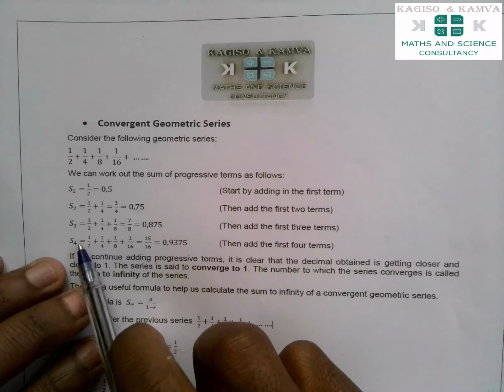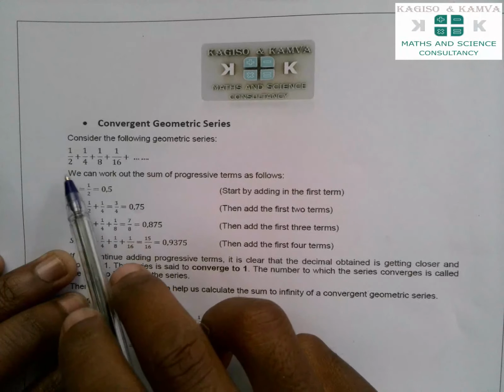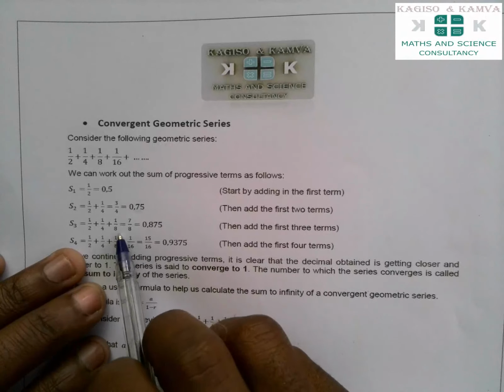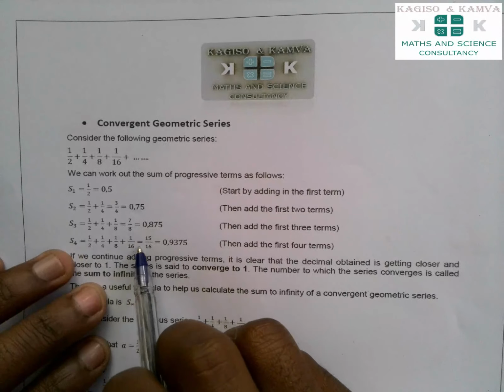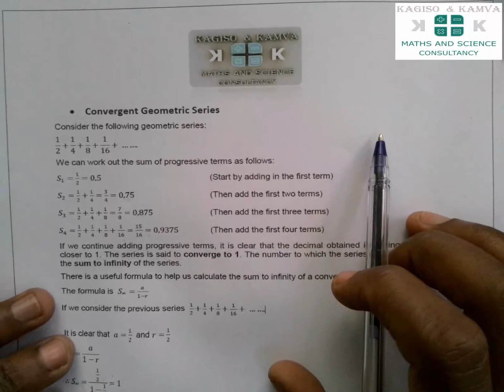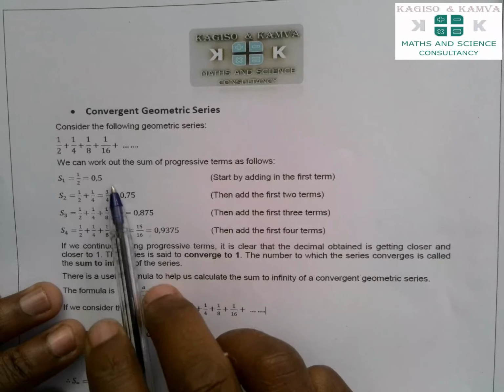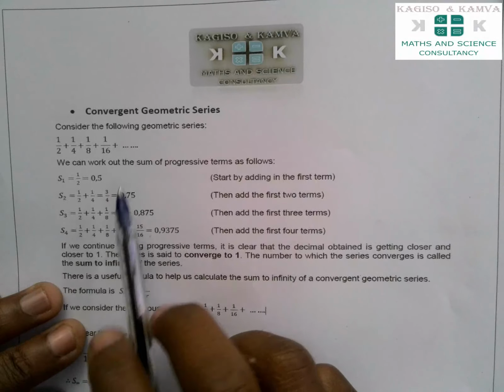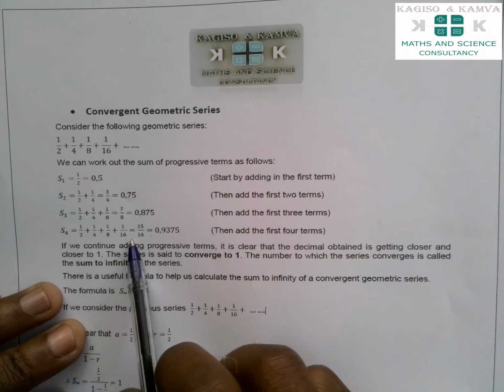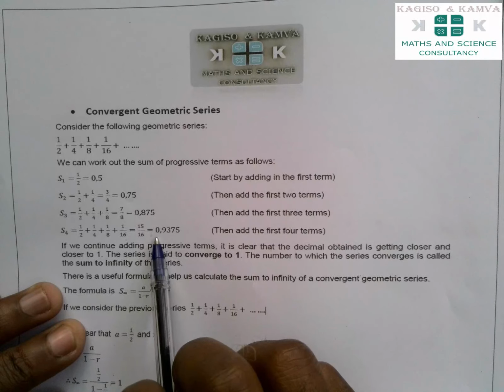The sum of the four terms, 1/2 plus 1/4 plus 1/8 plus 1/16, gives us 0.93.